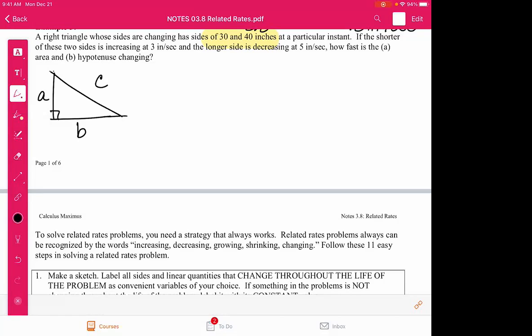So let's say, since this is the way I drew it, it looks like A is a little shorter than B. So we'll say A is 30, B is 40, okay? And so since we're talking about it, what would C have to be when A is 30 and B is 40?